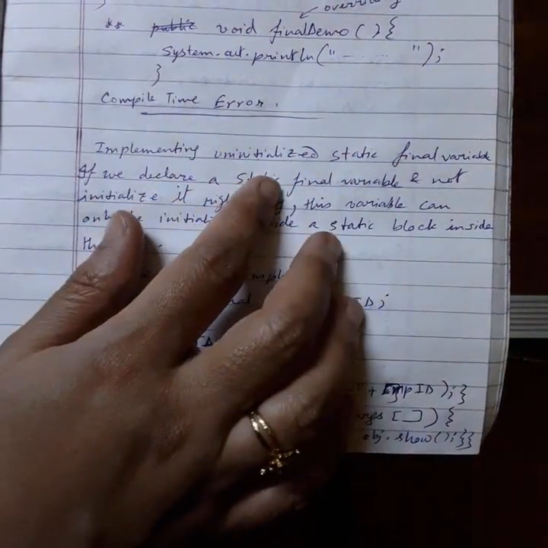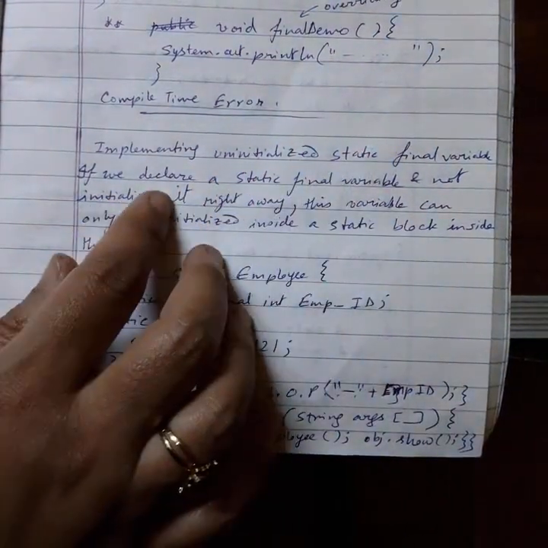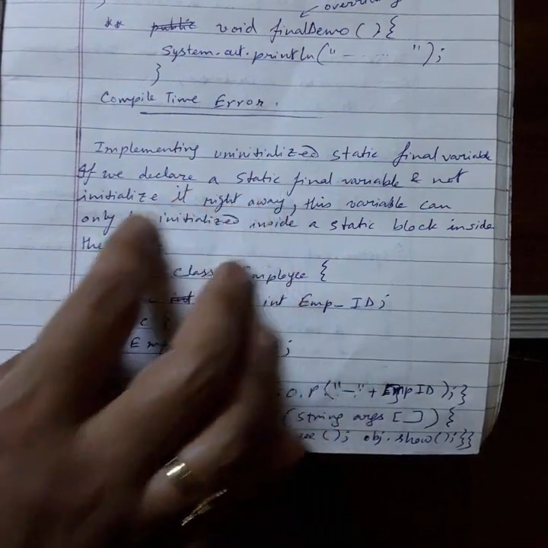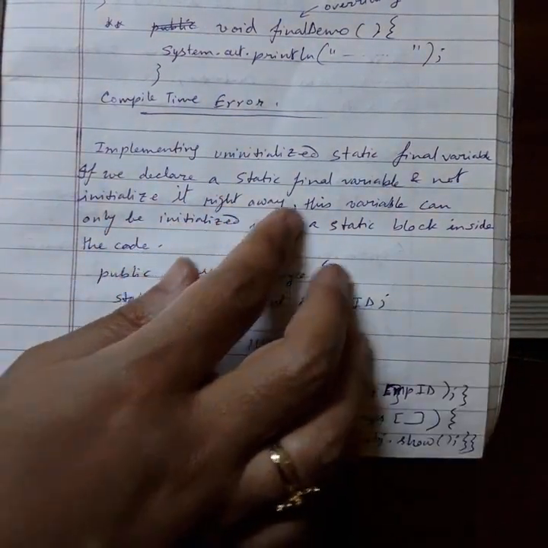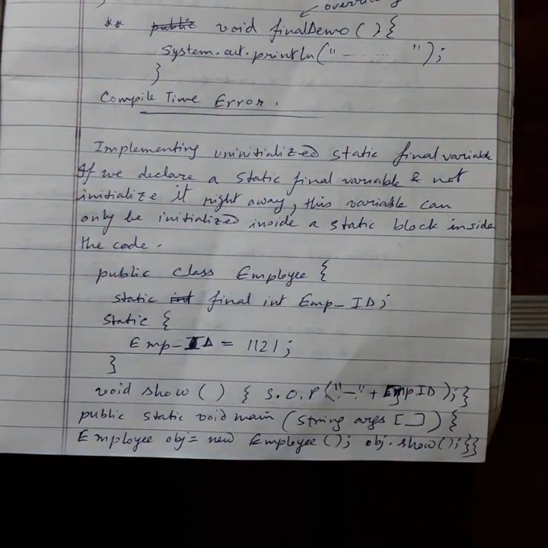If we declare a static final variable and do not initialize it right away, this variable can only be initialized inside a static block. If it is declared static, it should be initialized in the static block, right? And if it is not static and you want to initialize it, you use the constructor.